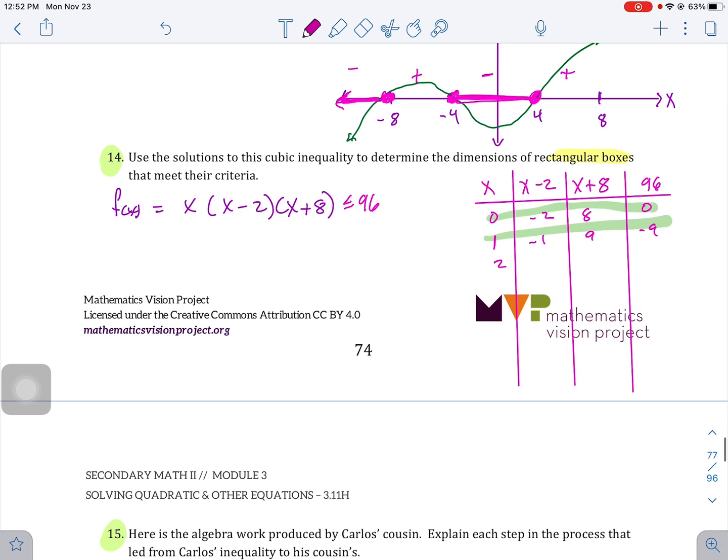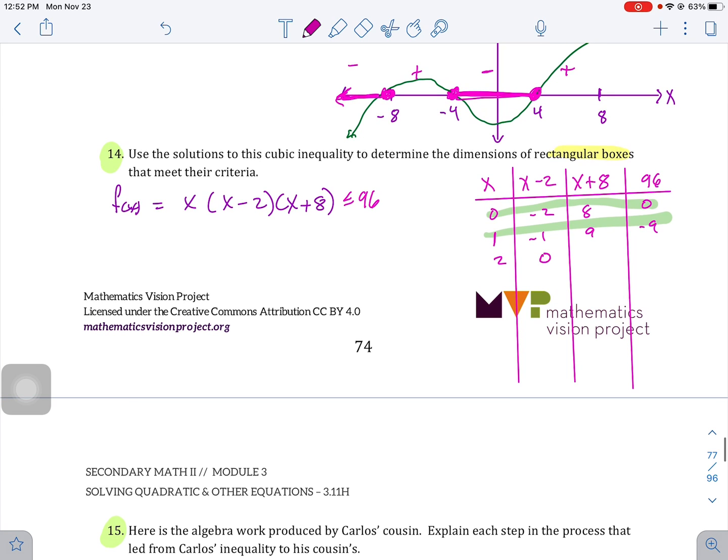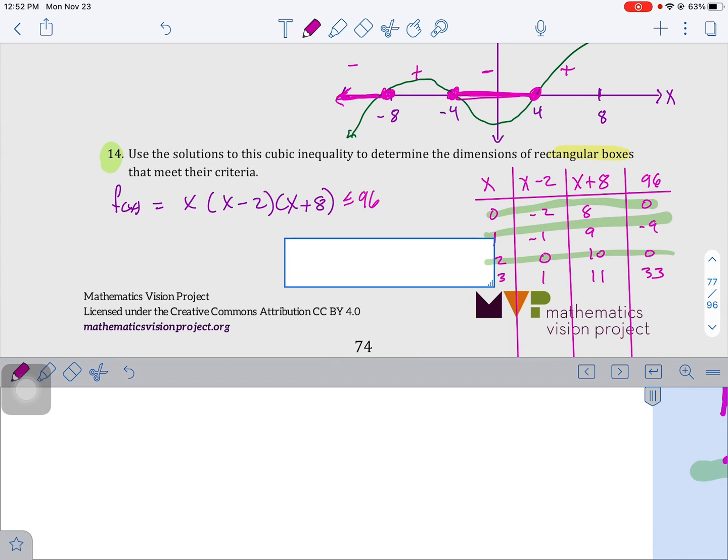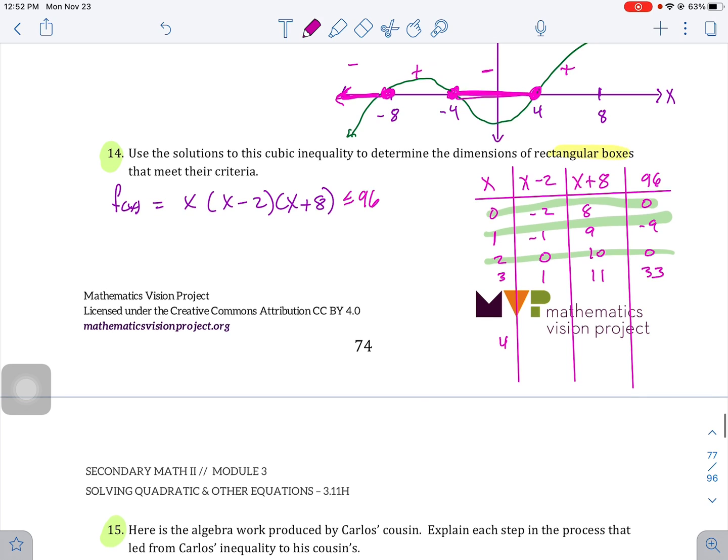What if it's 2? If x is 2, we've got 0, 10, and then again 0. So that's not going to work. Okay, but we could try the next one. If we have 3, we have 3, 1, and 11. And that would be 33, which would be less than. So that is a possibility. We could try 4.